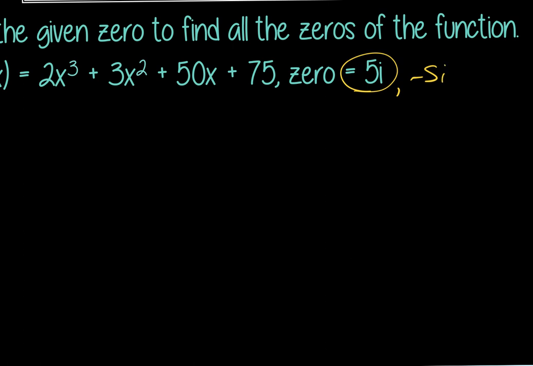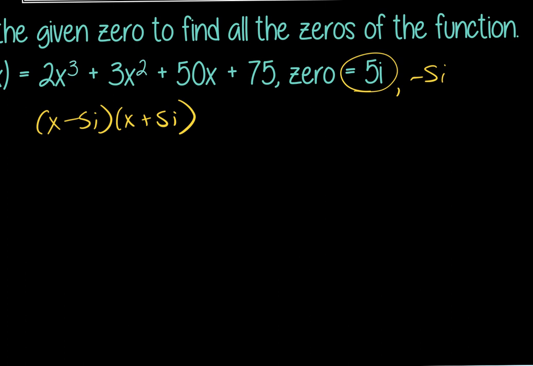All right, now we're going to make a product of linear factors with those two. So x minus 5i and x plus 5i. We're going to multiply these out. Now you can use a shortcut because those are opposites, which would be a squared minus b squared, but you'd have to keep the i, so be careful.